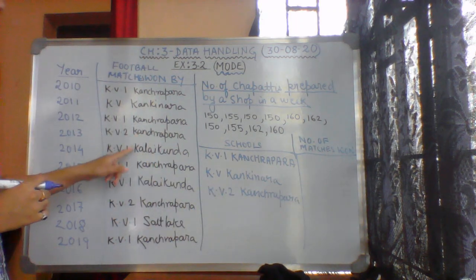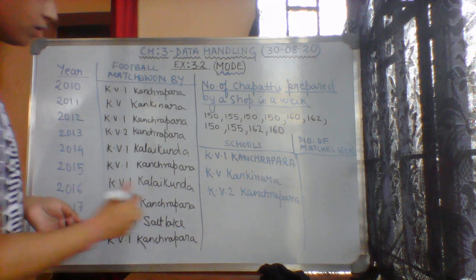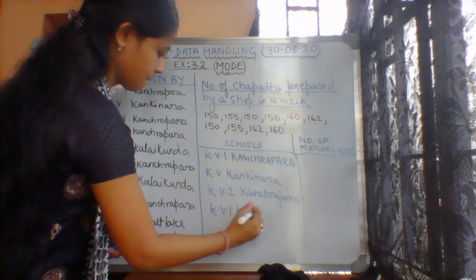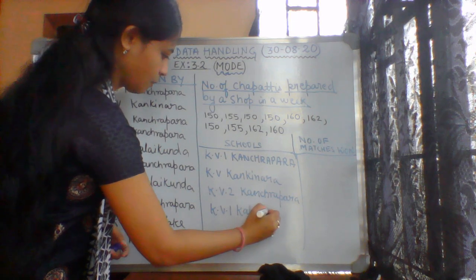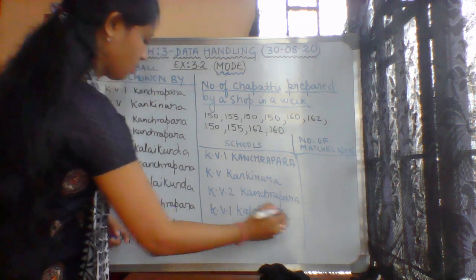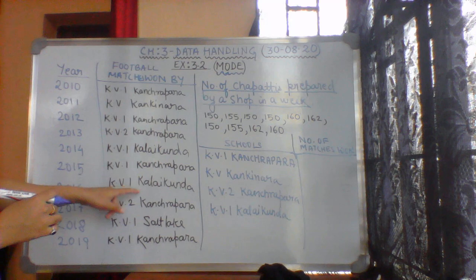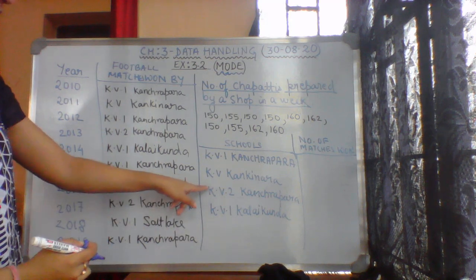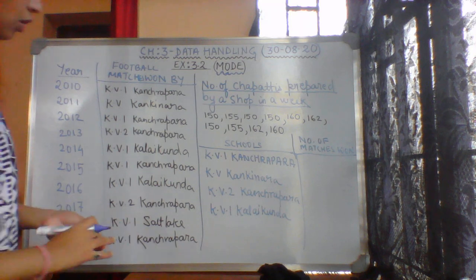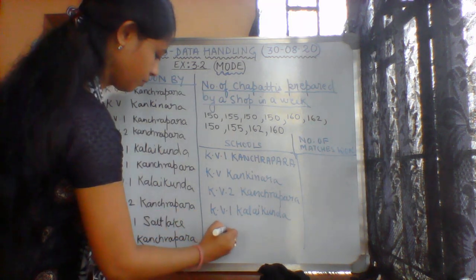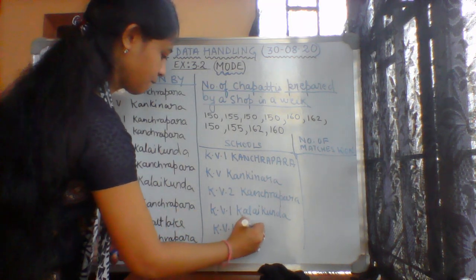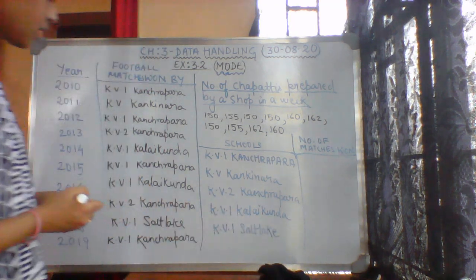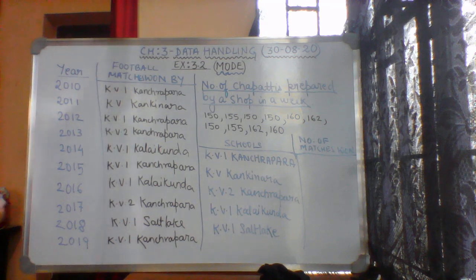Okay, after KV2, KV1 Kalaikunda. Then Kachrapara KV1, then again KV1 Kalaikunda, KV2 Kachrapara already written here, KV1 Salt Lake. Okay, so these are the schools.